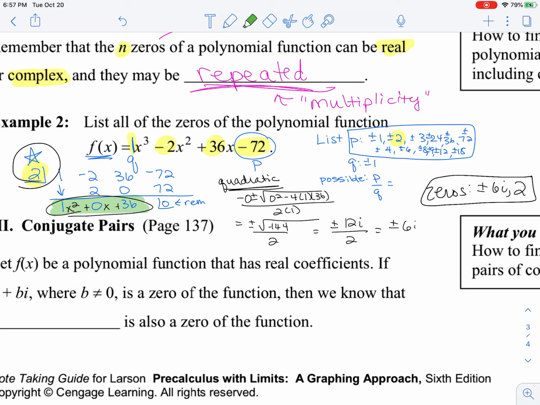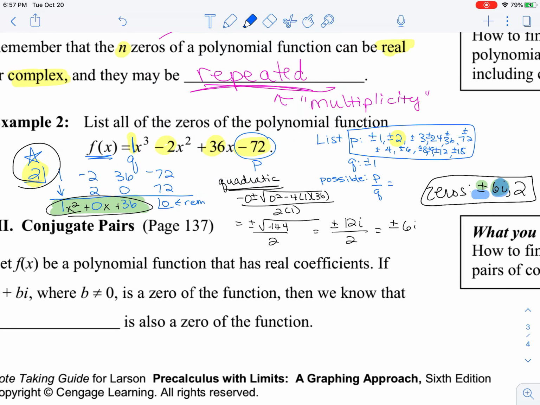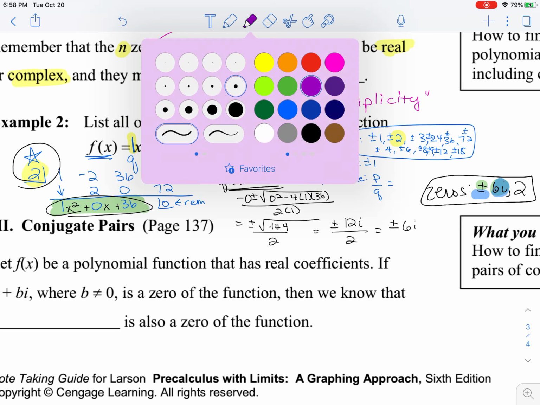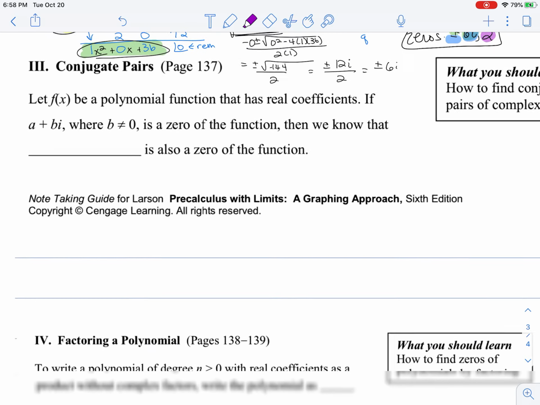And so look, we had plus 6i, negative 6i, and 2. So there are 3 roots, and look at this. Our highest degree was 3, so we expected to have 3 roots.